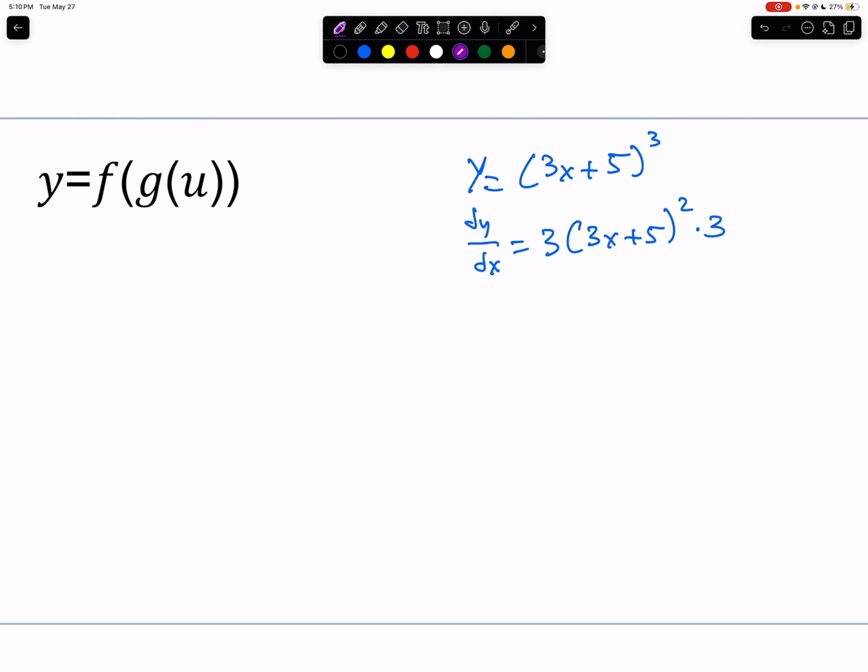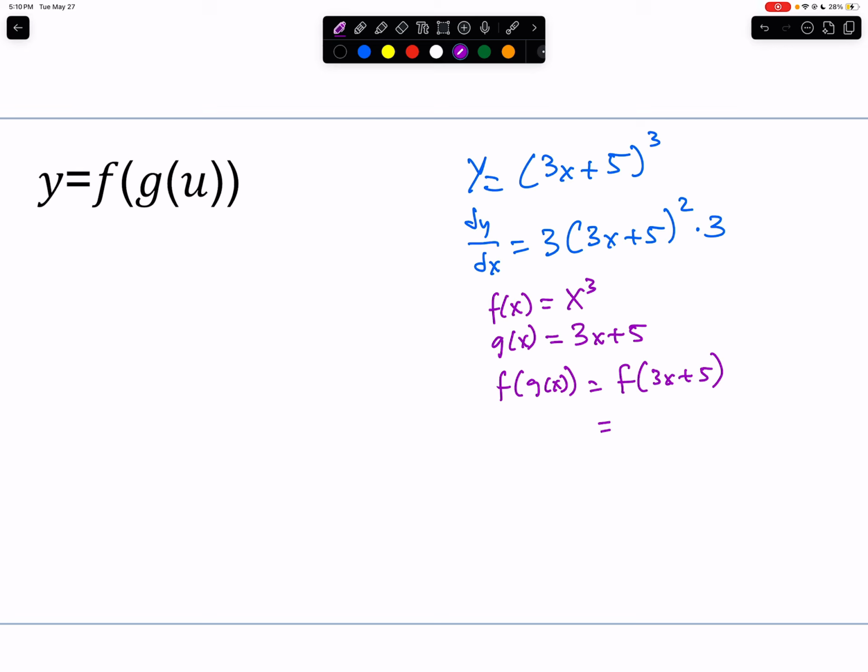Right? If we view this as a composition of functions here, we can let f of x equal x cubed, and then g of x equal 3x plus 5. Because if we do, then f of g of x is the same as f of 3x plus 5.